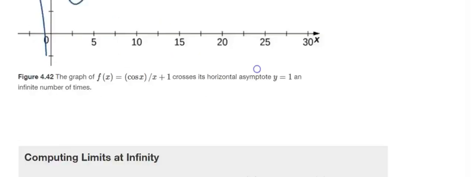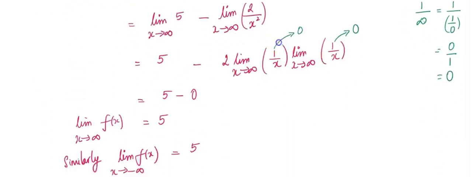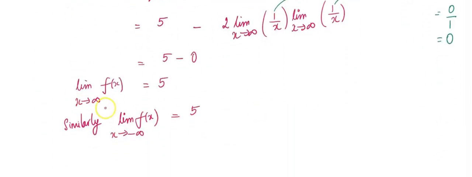And if we come down to our problem, we have proved that, in fact, both for the negative infinity portion as well as for the positive infinity portion, the limit points to a finite number. Okay, so this is a finite number.